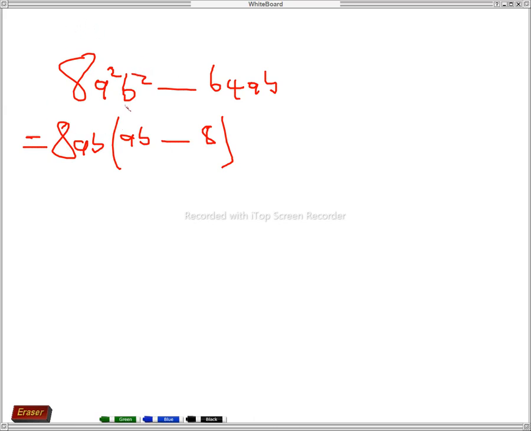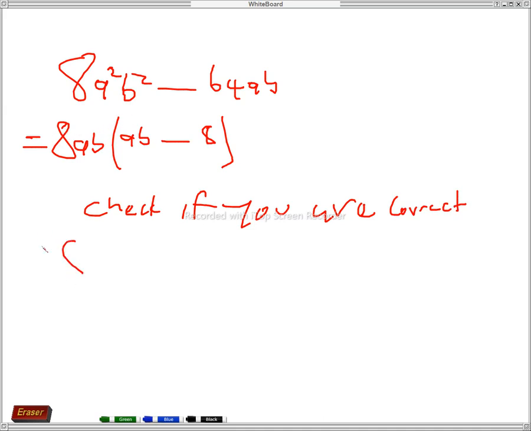If you multiply these things, you will get your question. You understand? If you want to check your answer, you can do that. Let's multiply all of this. I'm going to say 8ab multiplied by ab, so my answer is 8a squared b squared.